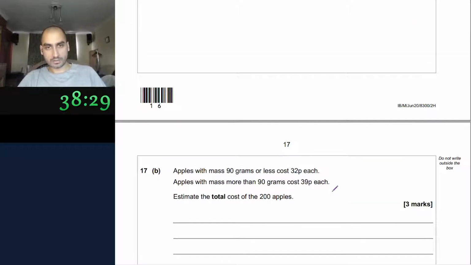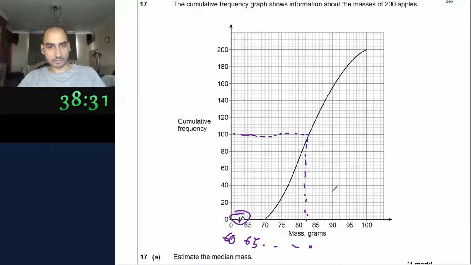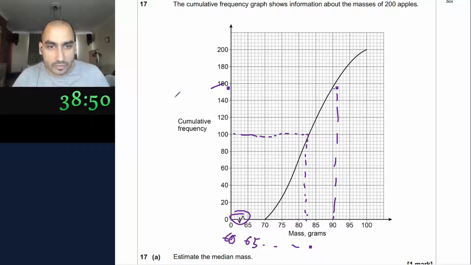90 grams. So 90 grams is... Wait, what is that? 158 roughly? 156?